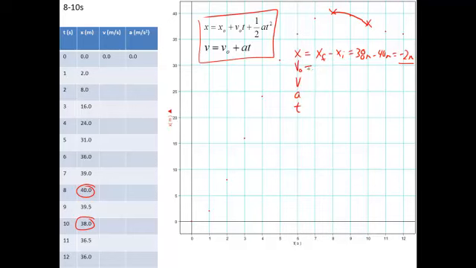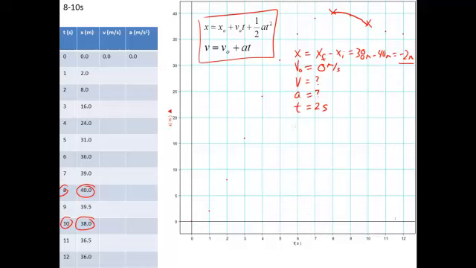My initial velocity is the final velocity from the previous part, which we figured out to be 0 meters per second. My final velocity is what I'm solving for, as is my acceleration. I know the time for this period is just 2 seconds, because I'm going from 8 to 10 seconds. So once again, I have to solve for my acceleration using my acceleration equation.